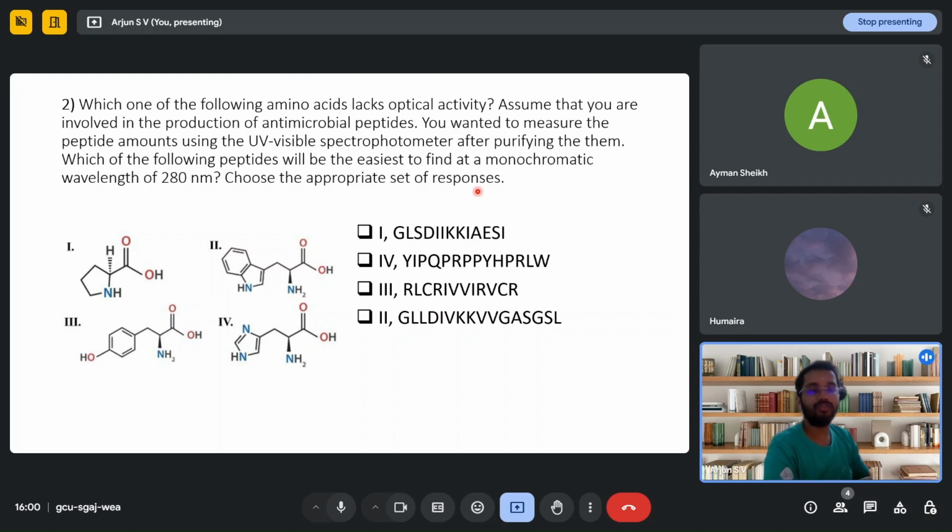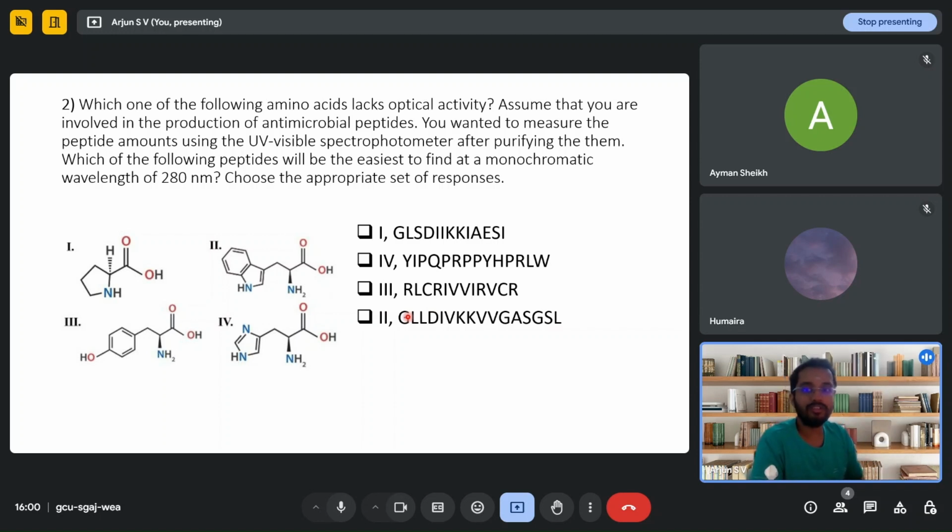So, to solve this question, rather than going by the amino acids, I would encourage you to go by the sequences that are present in the amino acids. That will probably lead you to the correct answer.